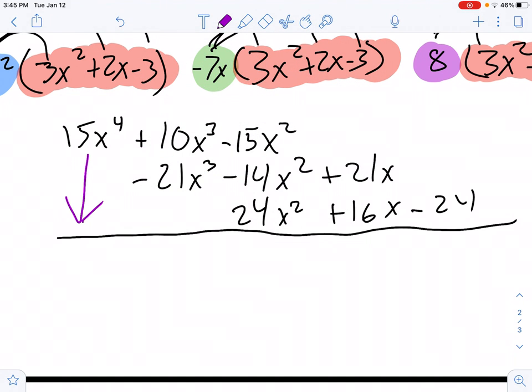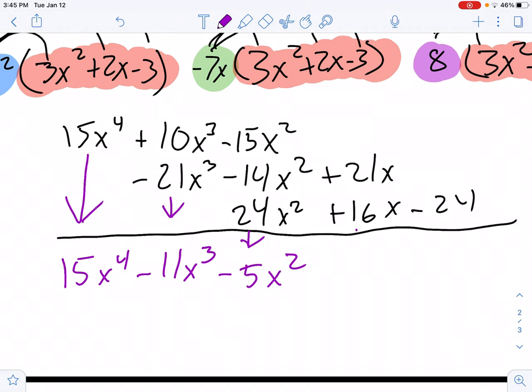So this didn't add up with anything, so it's just 15x to the fourth. When I combine these, I get negative 11x to the third. When I combine all this mess, I get negative 5x squared. When I put these together, I get 37x and negative 24.